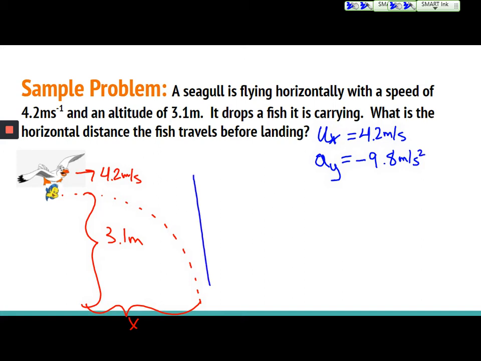I actually might do positive y going down, positive x to the right. That might keep this a positive number so that we don't have to deal with negatives. You get to decide. And so we can't put those in the same equation because they're not affecting one another. The acceleration is not affecting his sideways distance. But we also have a vertical distance of 3.1 meters. And so we could use that vertical distance and the acceleration in our acceleration equation.